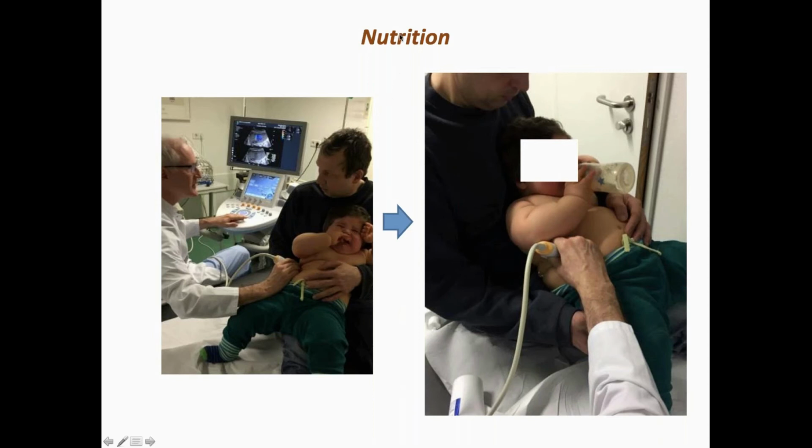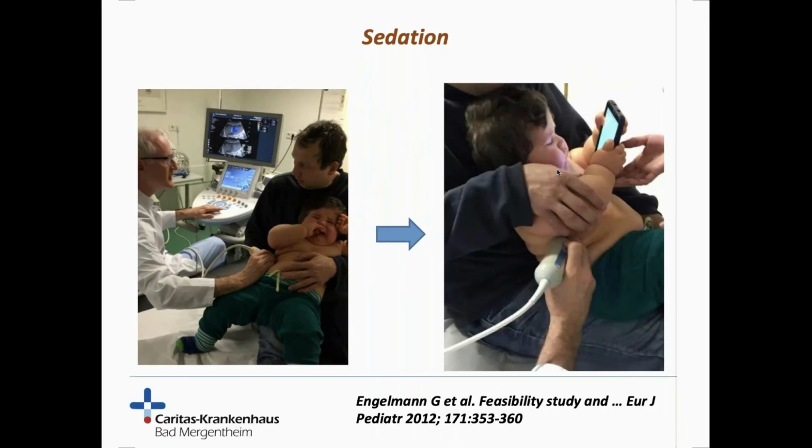And we have to think about the influence of the nutrition status, and in such small children, we have to think about sedation. But if you play with that child, you get comparable data, might it be with the FibroScan used or the 2D shear wave elastography as shown here.